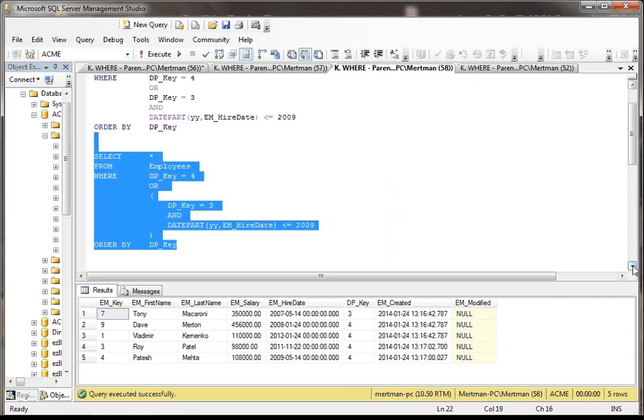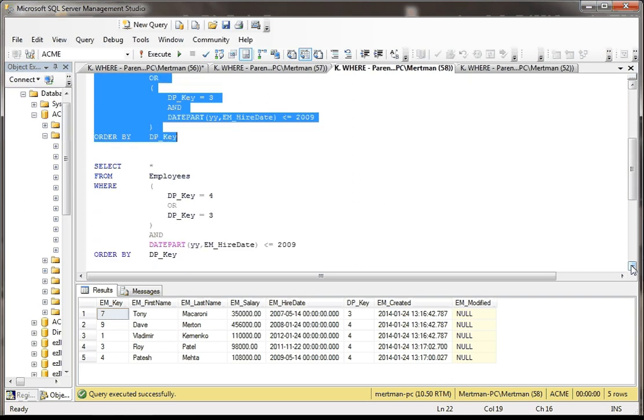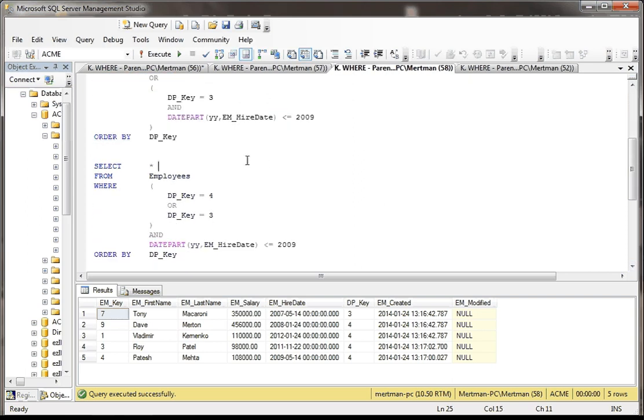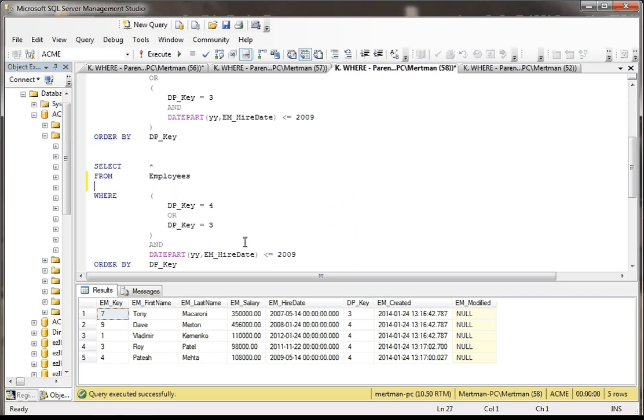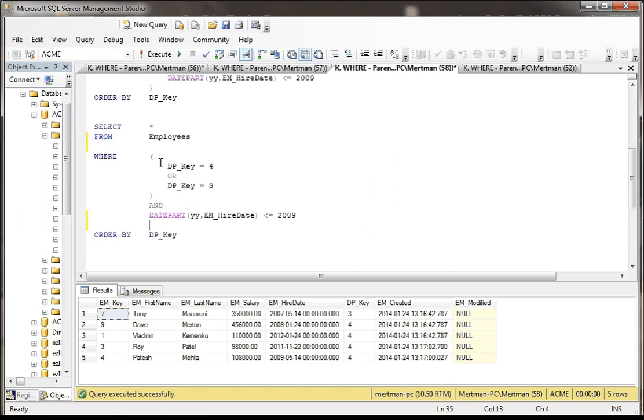But you might get a better idea, by indenting this, of why this is so much better. What we're saying here, and let me pop a few more spaces in here, is where the key is 3 or 4, but see, this is in parentheses, so it looks at this whole thing as one chunk. All of this and this. So it's kind of like the distributive property in math a little bit.